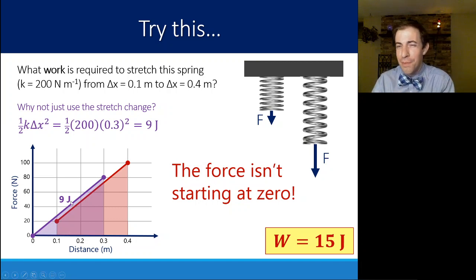You're requiring actually more force for that whole time, and the area under this graph is 15. So it is very important that you are looking at the difference in energies, which means you cannot just use the stretch difference.